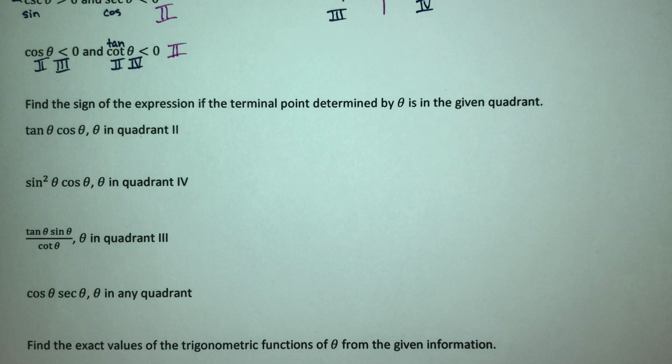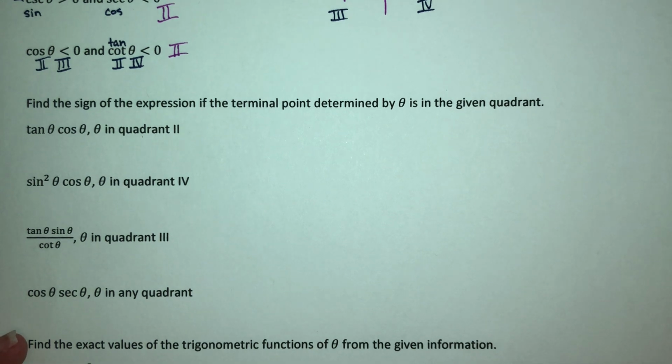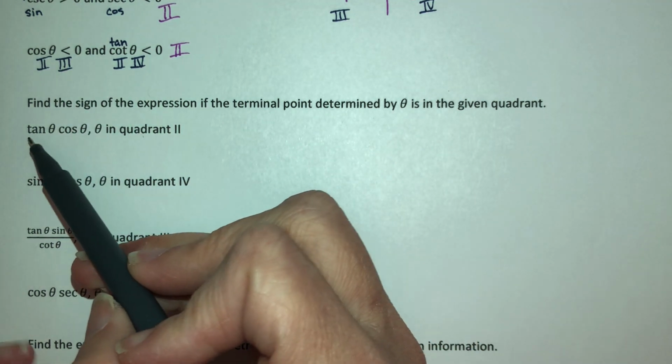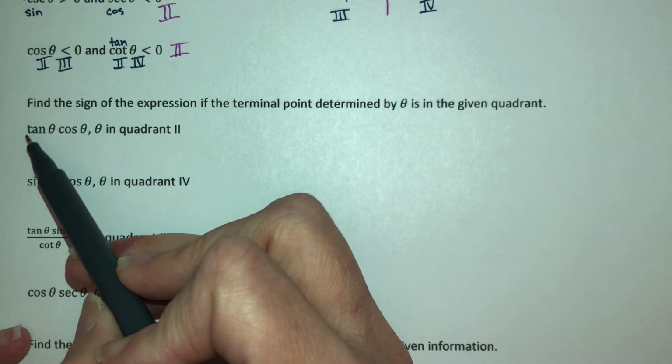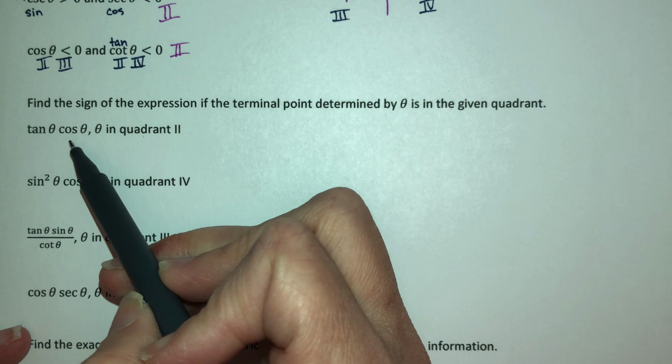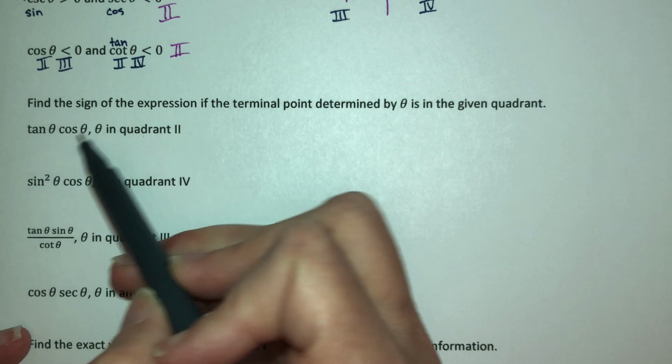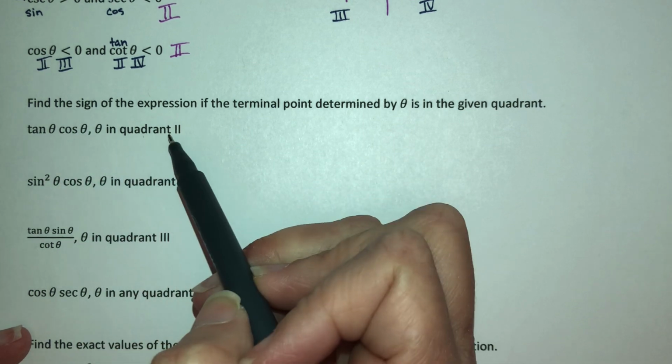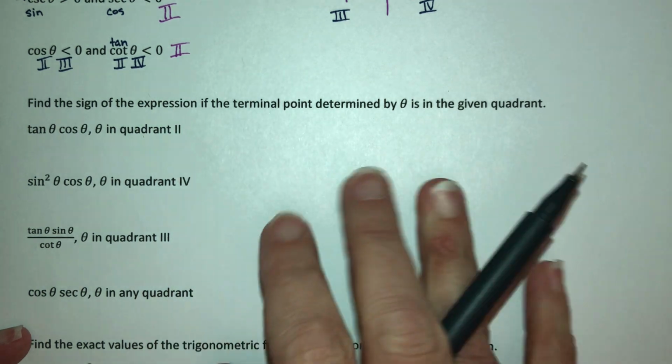Now we're going to use the same ideas to find the sign of the expression if the terminal point determined by theta is in the given quadrant. Okay? So let's say we want to figure out the sign of tangent times cosine of the same angle, and we know that it is in quadrant 2.